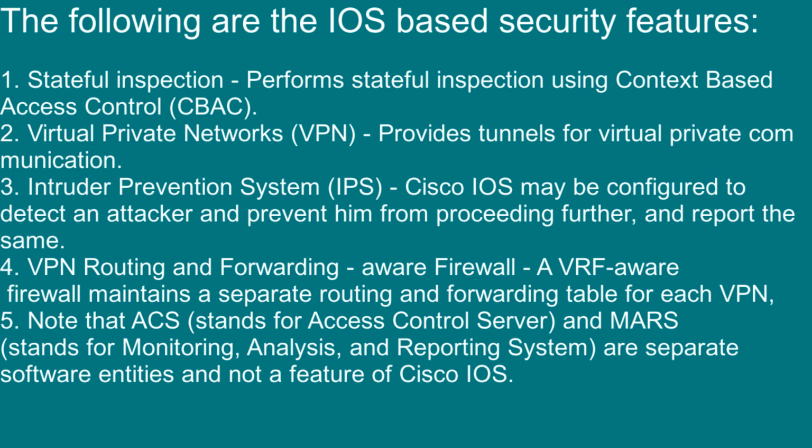VPN routing and forwarding, VRF-aware firewall. A VRF-aware firewall maintains a separate routing and forwarding table for each VPN. 5. Note that ACS stands for Access Control Server and MARS stands for Monitoring, Analysis, and Reporting System. These are separate software entities and not a feature of Cisco IOS.